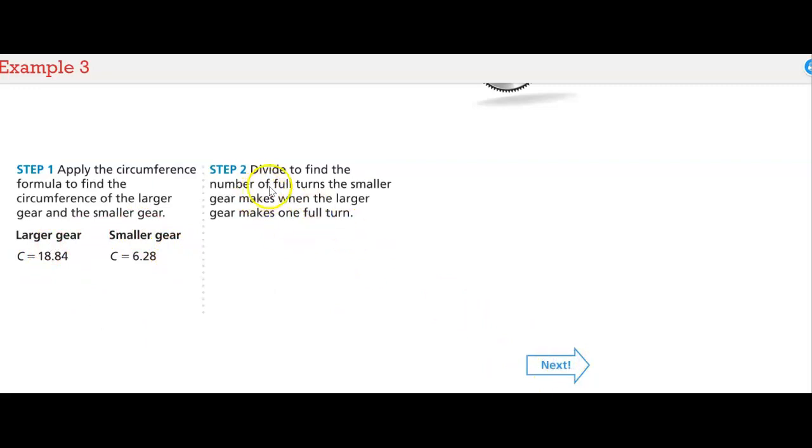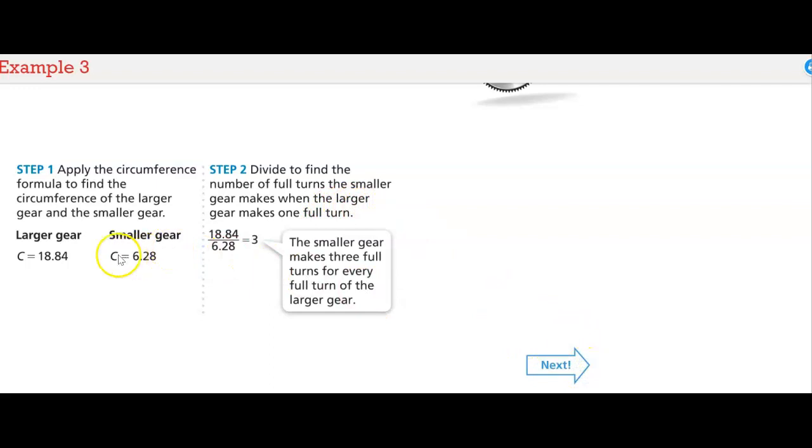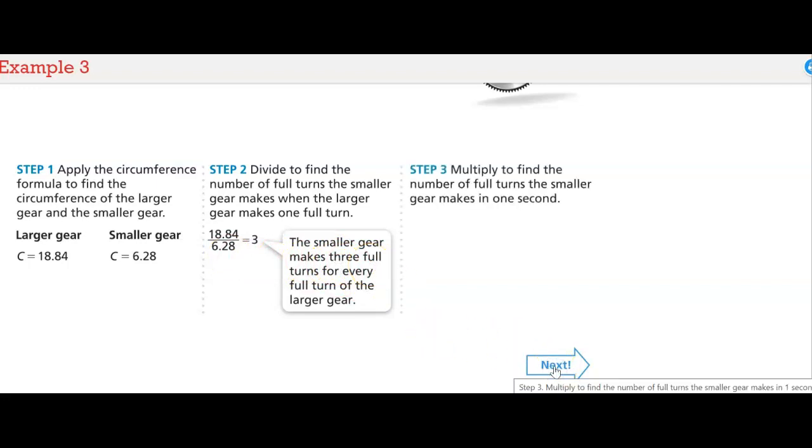Step 2, divide to find the number of full turns the smaller gear makes when the larger gear makes one full turn. So you take the circumferences and divide them, and you get 3. So the smaller gear makes 3 full turns for every full turn of the larger gear.